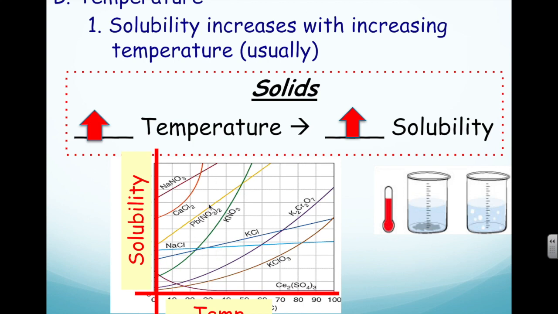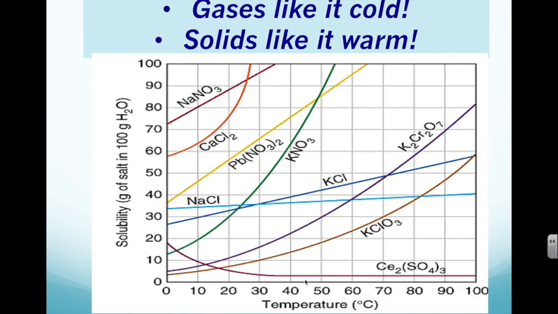So if we look at these curves right here, the ones that are sloping up are going to be solids, okay? Because we're increasing the temperature, we're increasing the solubility. Now if you look at this guy right here, this guy is sloping downwards. Oh, well, he must be a gas. Just remember, gases like it cold and solids like it warm.